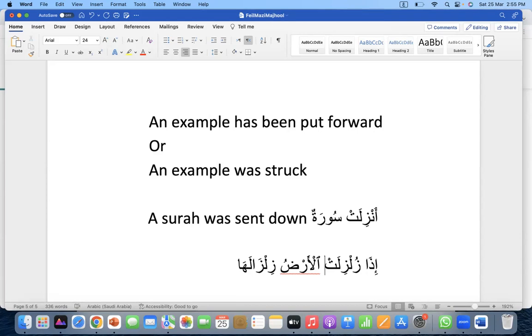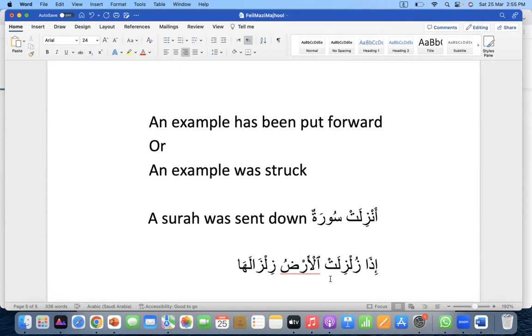So zalzala became zulzila, and zalzalat became zulzilat. Now, al ardu, what role is it playing here? Naibul fail for zulzilat.